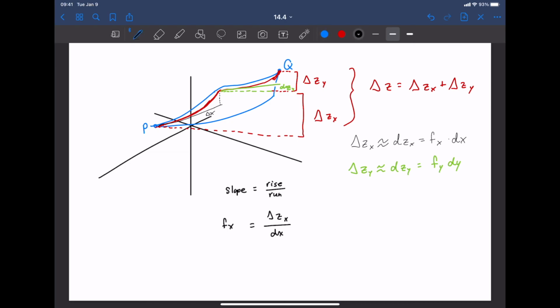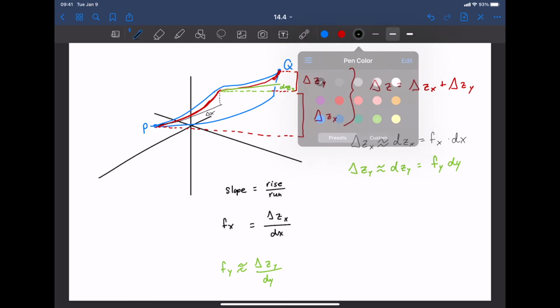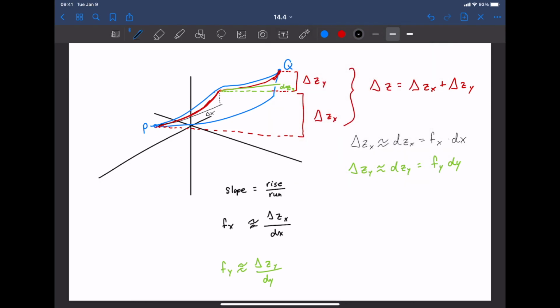For our y stuff, we'd be talking about fy would equal that change in height with respect to y over dy. I guess these should be approximate before we go to exact.